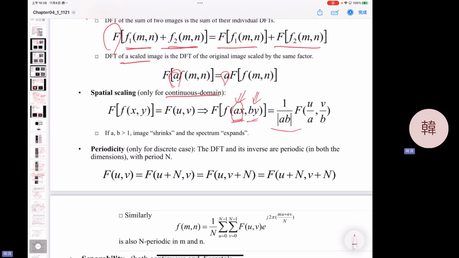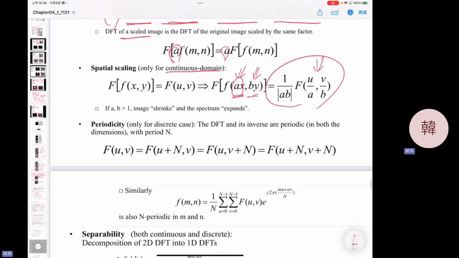What will happen? It will become like this. So it's some kind of scaling property of the Fourier transform. If you multiply by a factor larger than 1, in the Fourier domain it will be divided, becoming a smaller coordinate there. Okay, so it's called a scaling operation. Some sampling changes will have different representations in your spectrum.